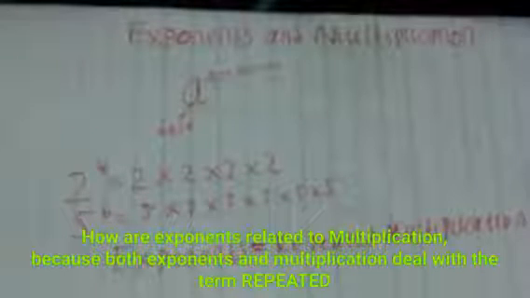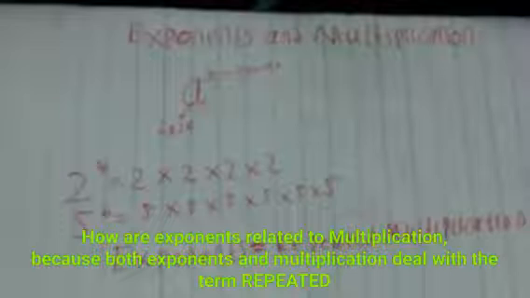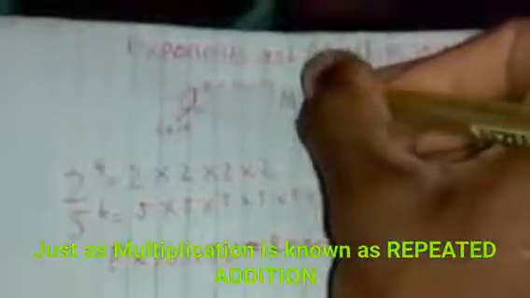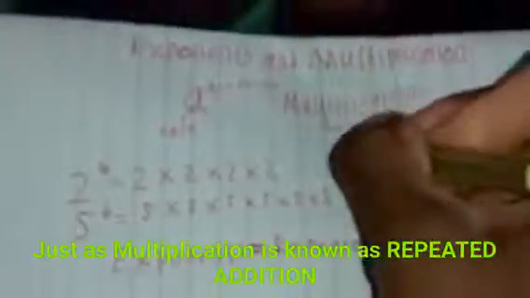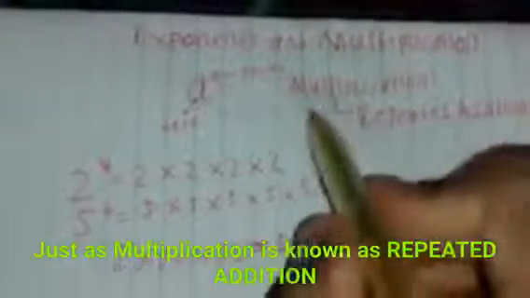Because both exponent and multiplication deal with the term repeated. In mathematics, exponent is known as repeated multiplication, just as multiplication is known as repeated addition.